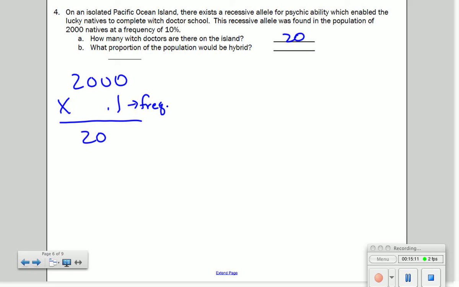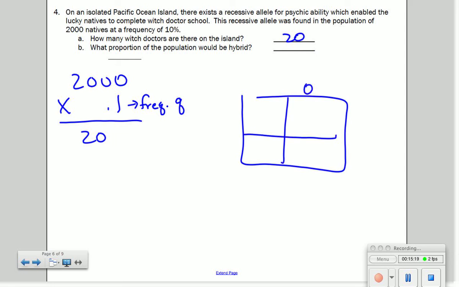All right, so this is Q. So I know this is 0.1, well, P plus Q equals 1, so this is 0.1. What does P have to be? 0.9.